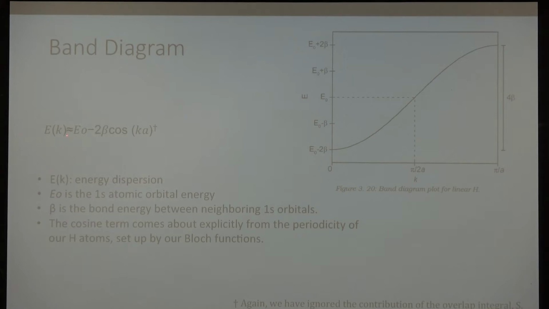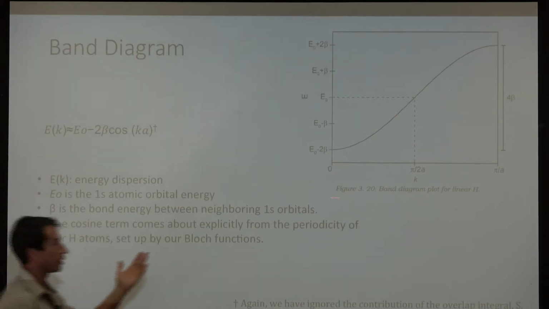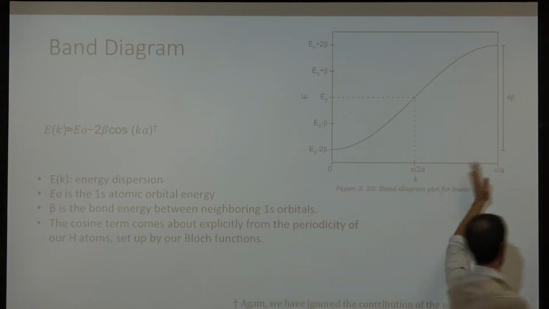represented in this equation, where the energy at any k is a function of the energy of the source material times the bond energy between 2 neighboring 1s orbitals, this cosine term from the Bloch function, and k is whatever we're putting into the equation.